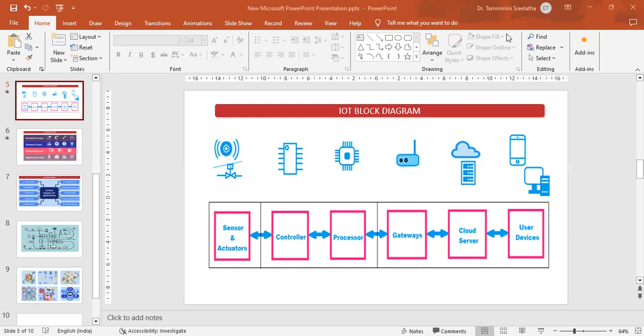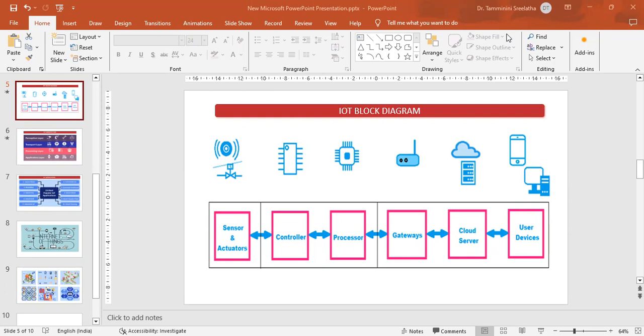Sensor and actuators. What is meant by a sensor? A sensor is a device that senses the physical changes in its environment and produces an electrical or electronic signal. For example, we can take a temperature sensor. The temperature sensor will sense the temperature across its environment, and it will take the mechanical energy and convert it into electrical energy.